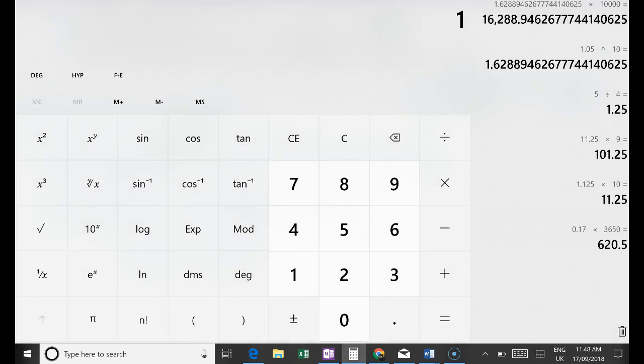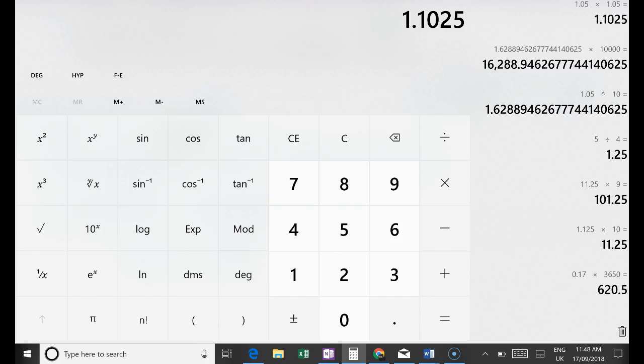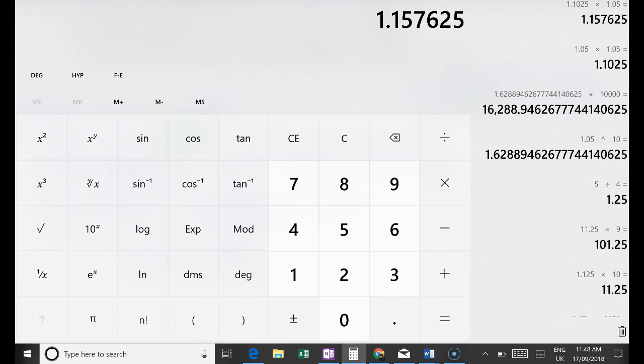So I've got 1.05, and what it's asking is how many times do I need to times it by itself to make 2.65. So I go times 1.05 equals, times 1.05 equals.